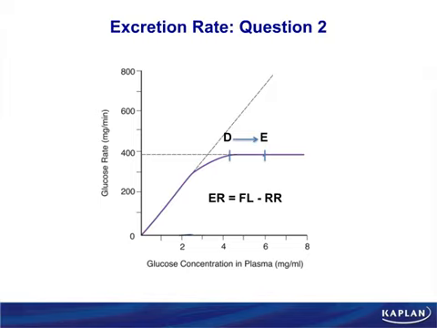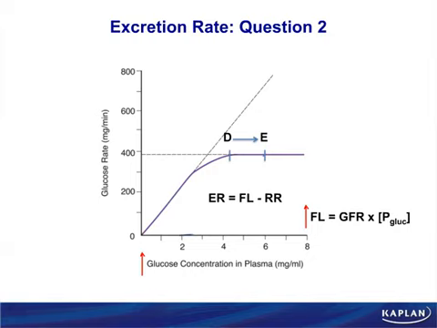Well, as you go from D to E, you have an increase in the plasma glucose concentration. The filtered load is equal to GFR times plasma glucose concentration. If the GFR is constant and you're increasing the plasma glucose concentration, the filtered load increases.